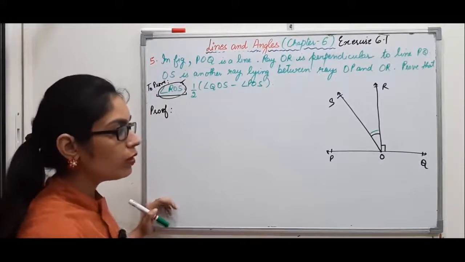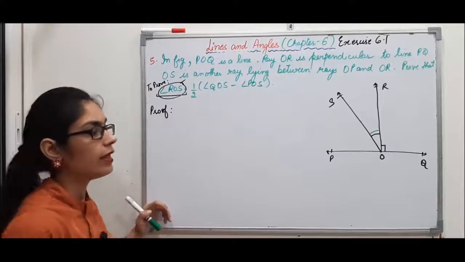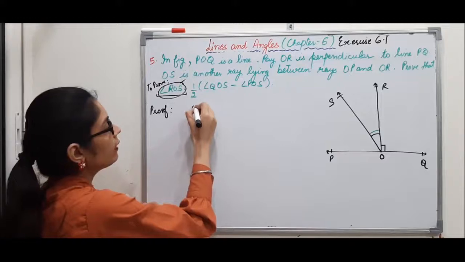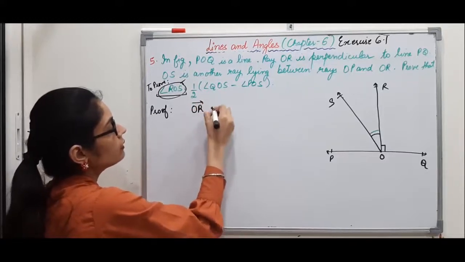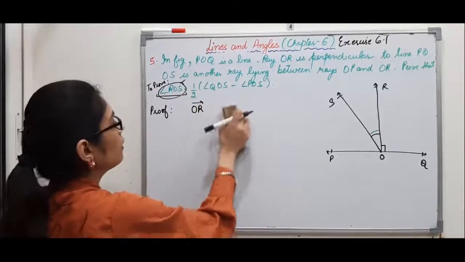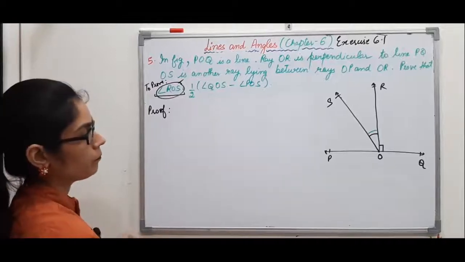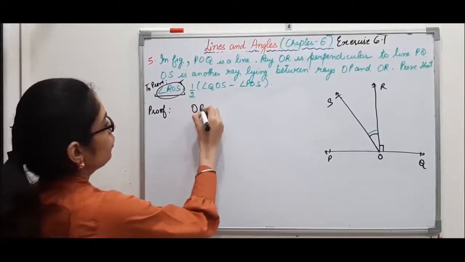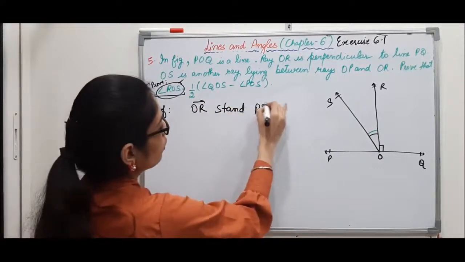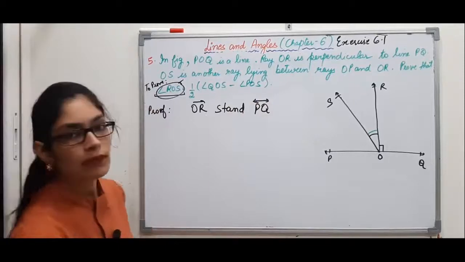First of all, till now we have learnt about linear pair. So from linear pair only we'll start. Because it's given to us, POQ is one line. So we'll write OR ray. OR stands on PQ, which is a line, and OR is a ray. So linear pair axiom we will use here.